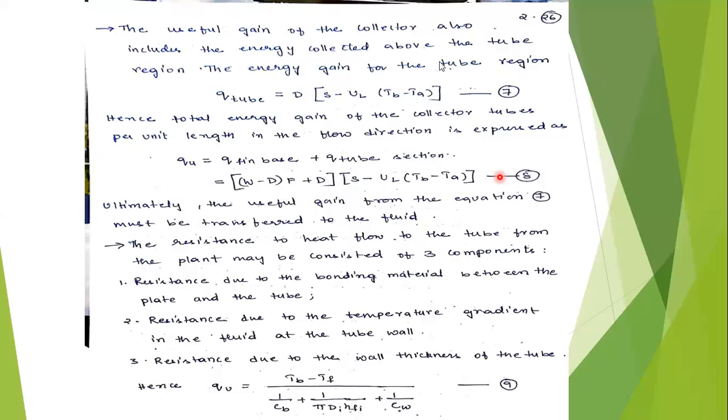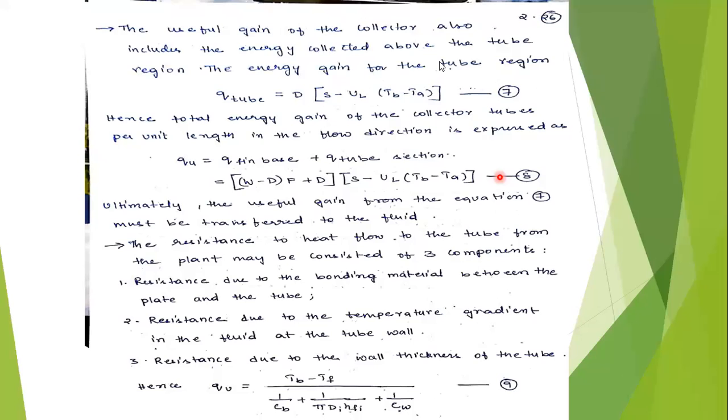First, we are using some bonding material between the plate and tube to fit the tube fixedly to the plate, because the fluid flowing in the tubes will sometimes dislocate them. The tubes will move here and there because of the force of the fluid moving inside.